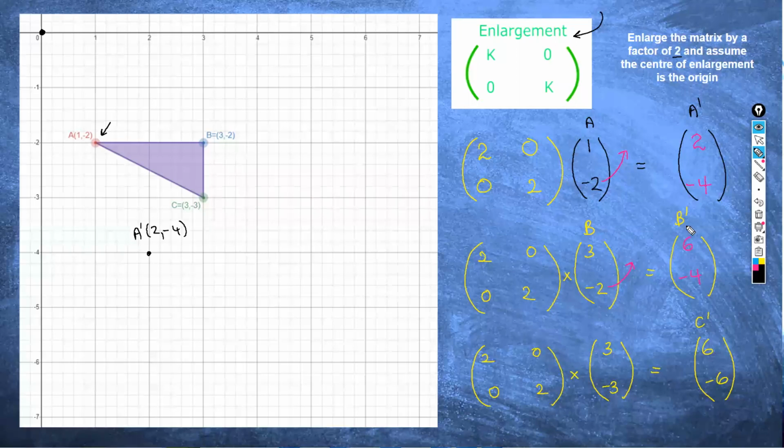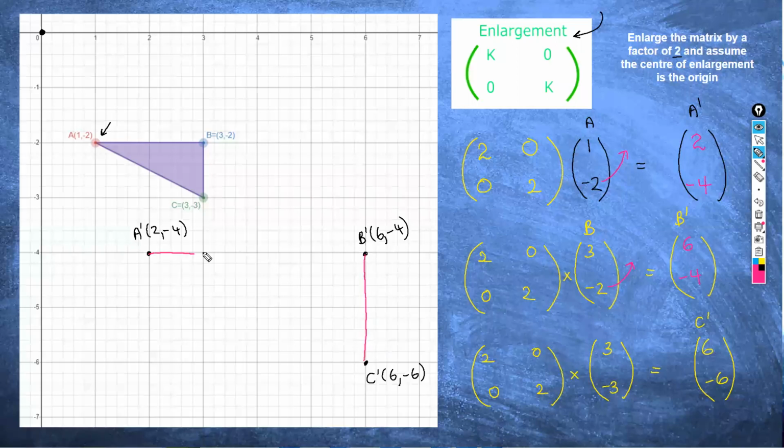B dash, which is really B prime, I keep saying dash, is 6, minus 4. We go to 6 and down to minus 4. And the other one is pretty easy: that's 6, minus 6. Going to 6 and down to minus 6. So let's connect that up.